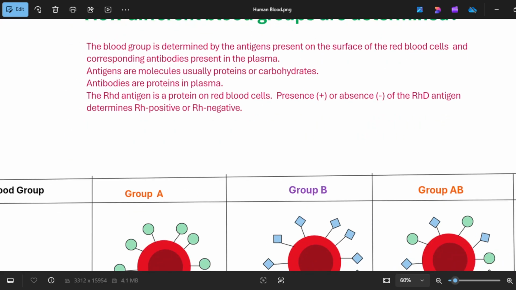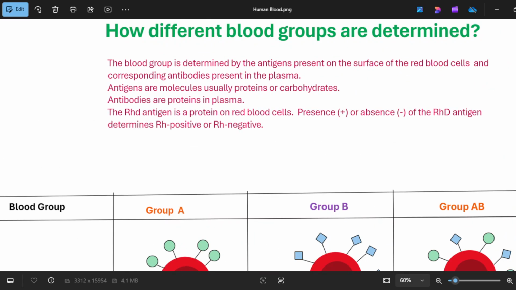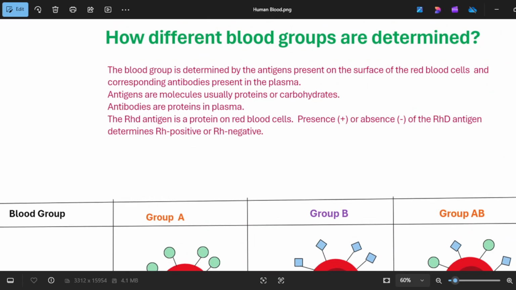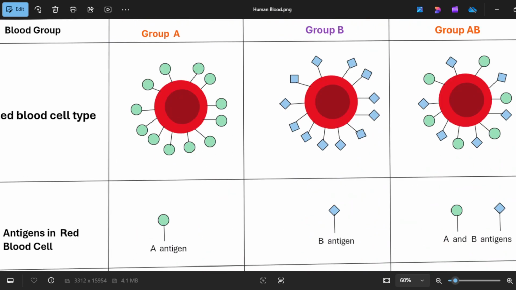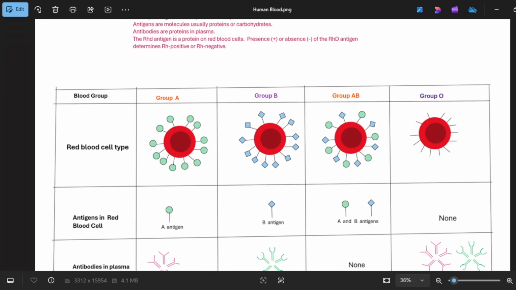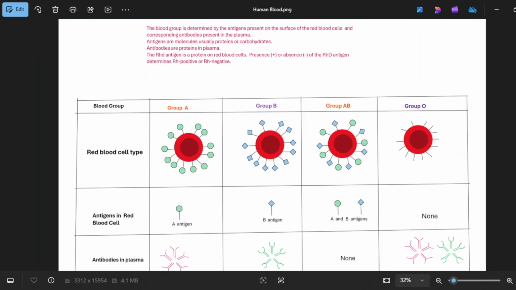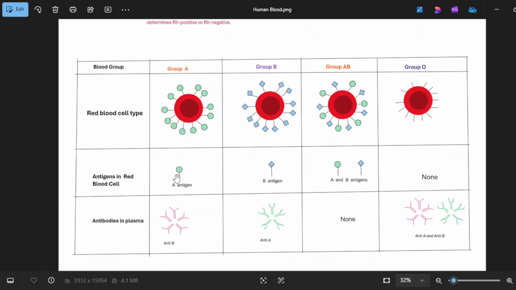Blood group is mainly determined by two ingredients, antigens and antibodies. So antigens and antibodies are what decide your blood group.